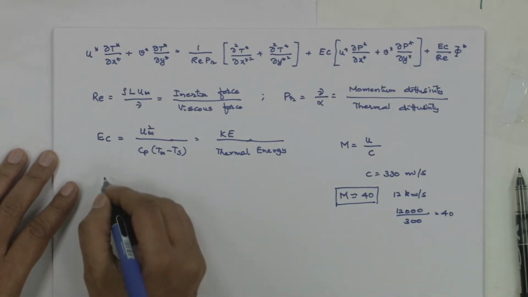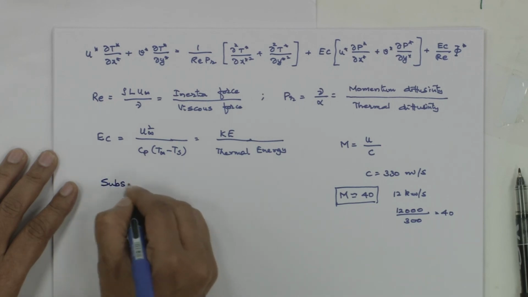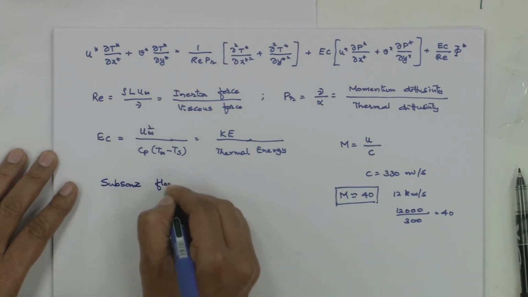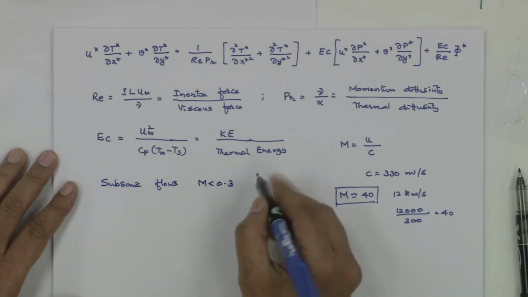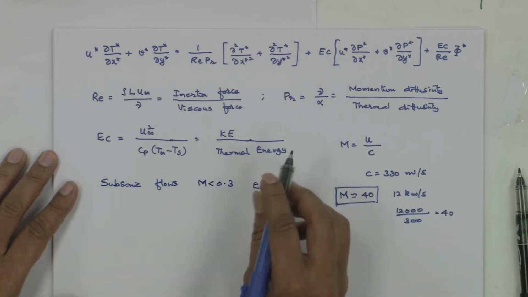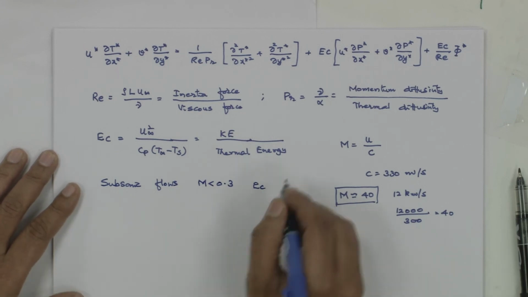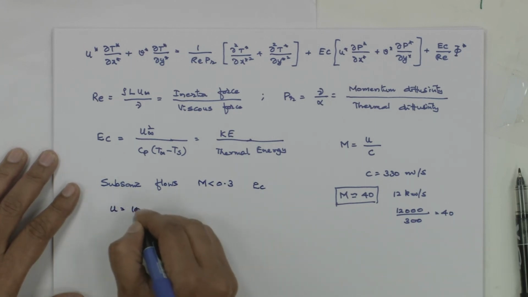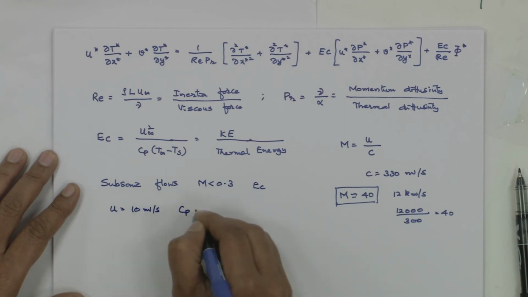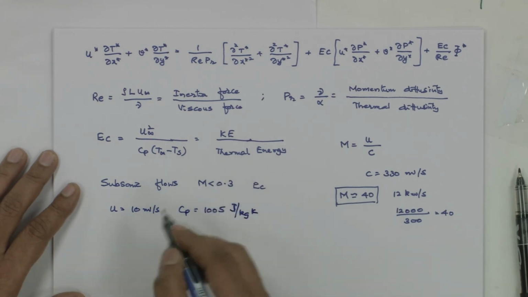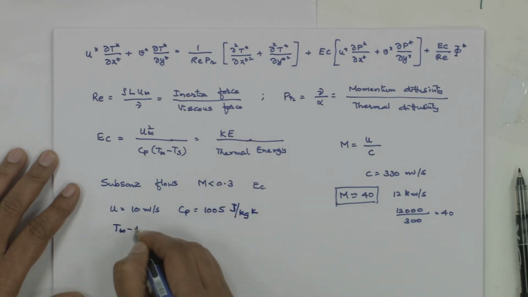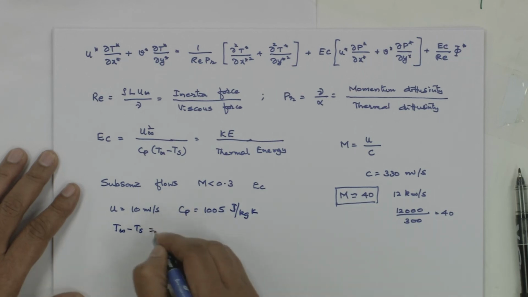So for subsonic flows, for Mach numbers less than 0.3, Eckert number will be very small. For example, for a velocity of 10 meters per second and Cp of 1005 joule per kg Kelvin, the delta T, that is T infinity minus Ts, would be of the order of 10 Kelvin.